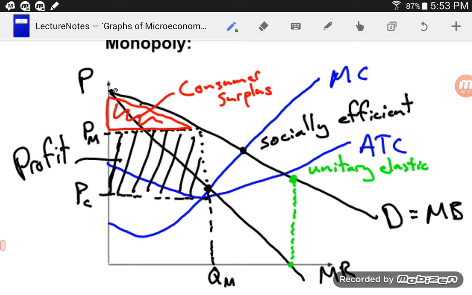Up until that point, so for this whole stretch of the curve, demand must be elastic. And how do I know that? Well, up until this point, if I lowered my price, as I'm lowering my price, my total revenue is still going up, and I know that because my marginal revenue is positive, so I'm actually making some additional revenue by producing this one over here.